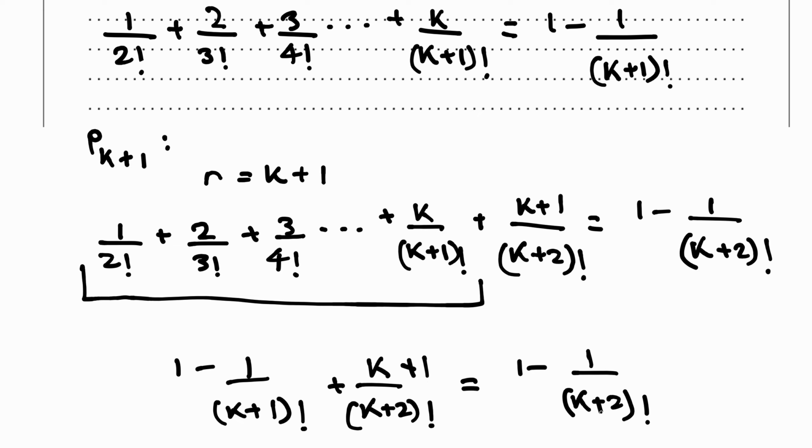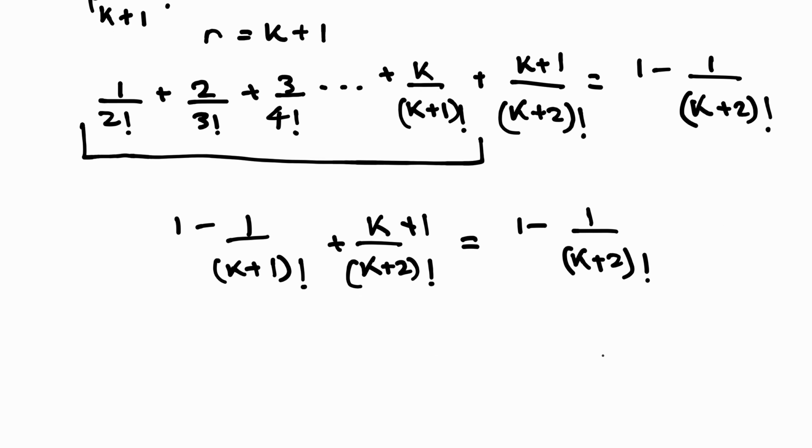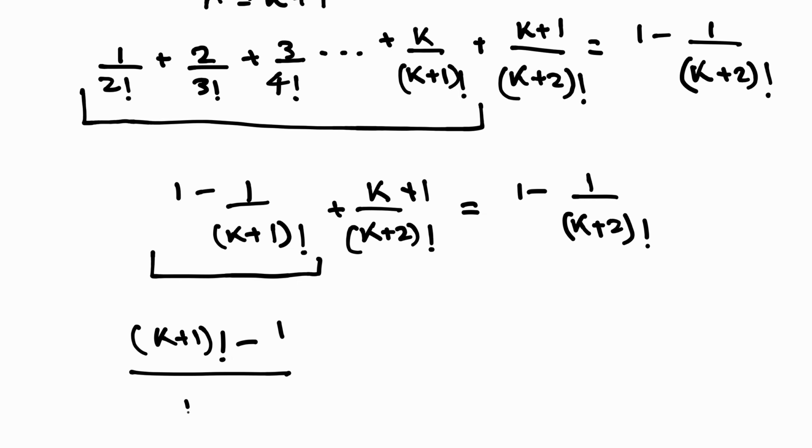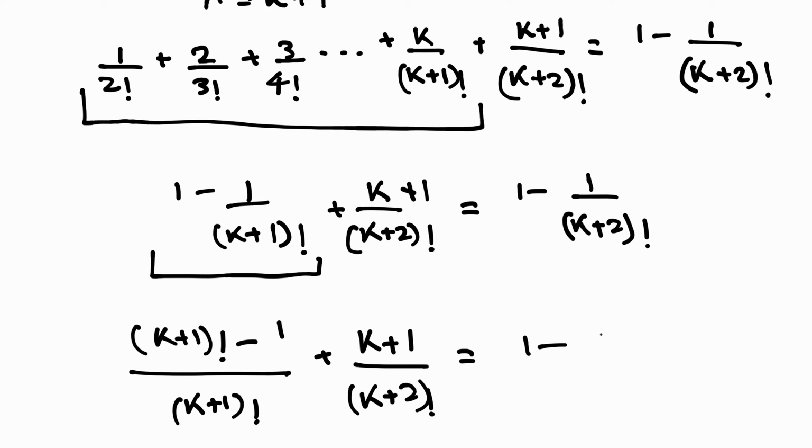Now I'm simply going to only manipulate the left side. I'm not going to touch the right side. Let's create a common denominator. Firstly for these two. Okay, so I'll be left with (k plus 1) factorial minus 1 all over (k plus 1) factorial, and that's equal to 1 minus 1 over (k plus 2) factorial.